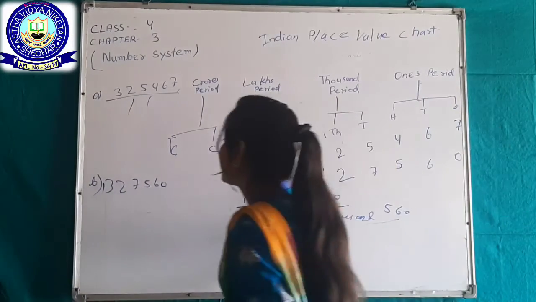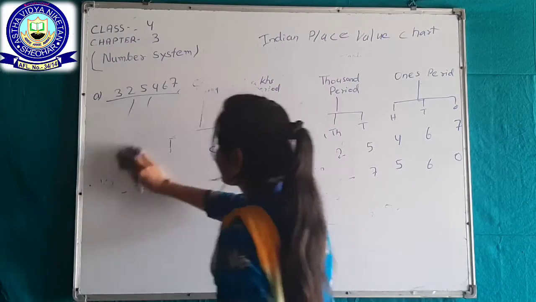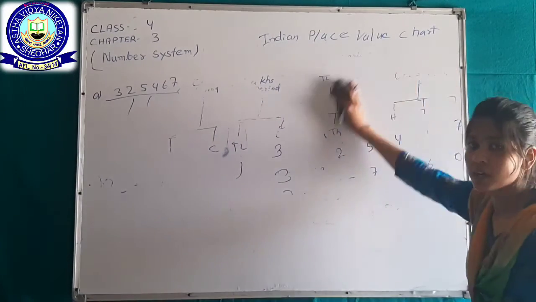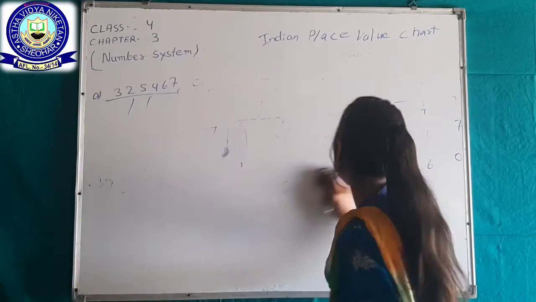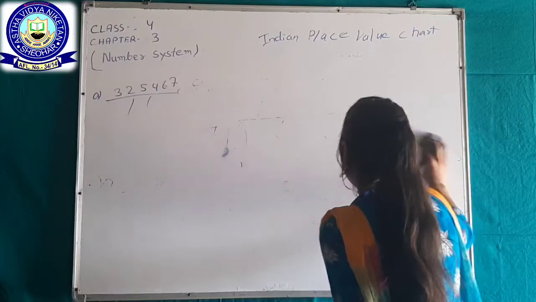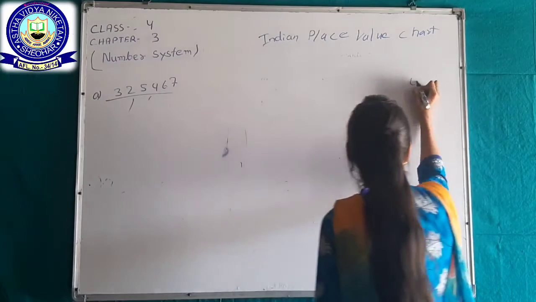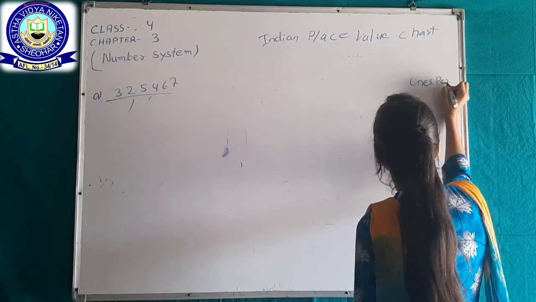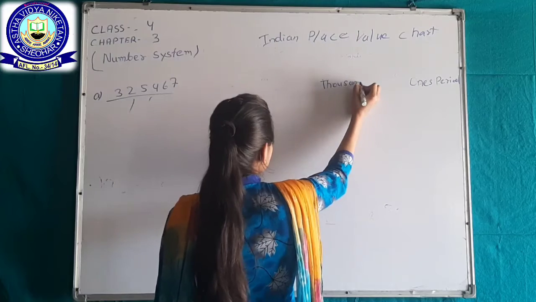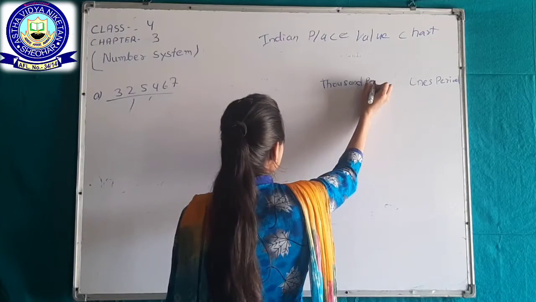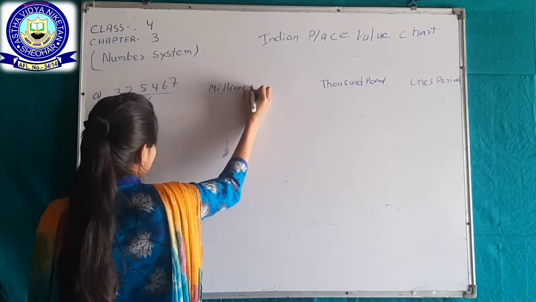And when we have to write it in the international place value system, you know that in the international place value system we write millions after thousand, and in the international place value chart there are 3 periods: ones, thousands and millions. Ones period, thousand period, and millions period.